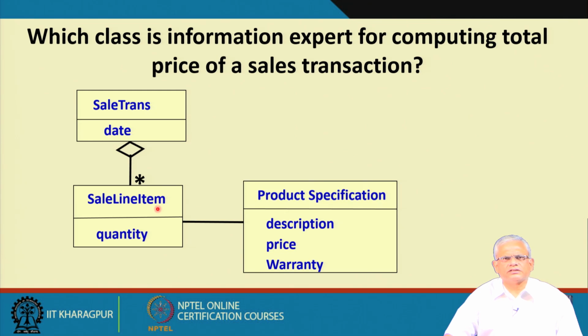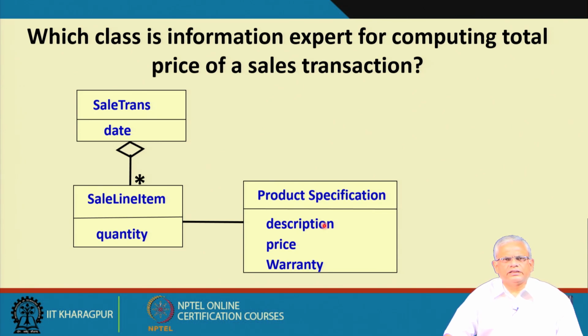A sale transaction may consist of several items being purchased, and each sale line item addresses one of the products, and the sale line item is associated to the product specification, because given the quantity, the sale line item does not contain the price, the warranty information, description of the product and so on. These are there in the product specification, which is a separate class here.